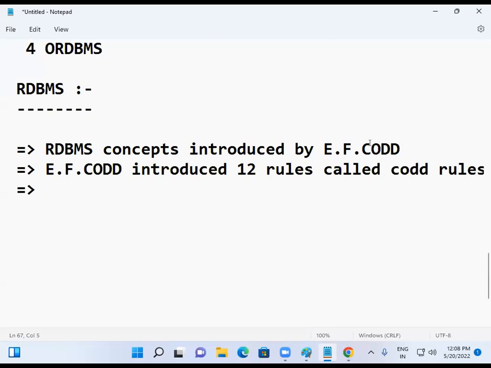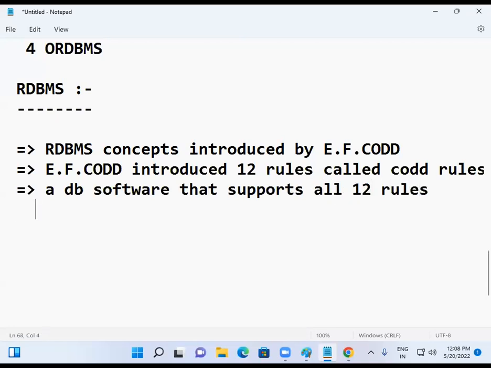A database software that supports all 12 rules is called a perfect RDBMS software.